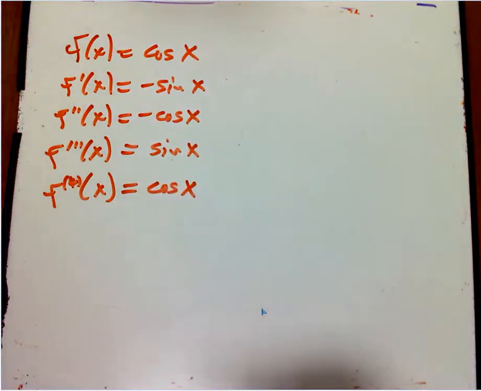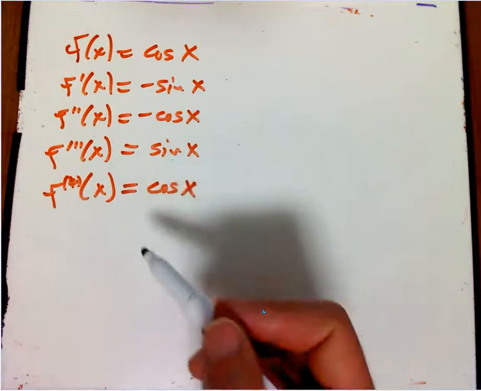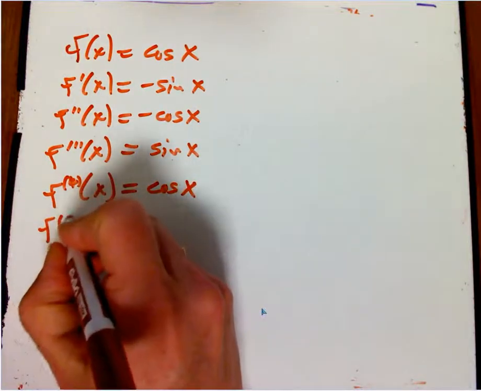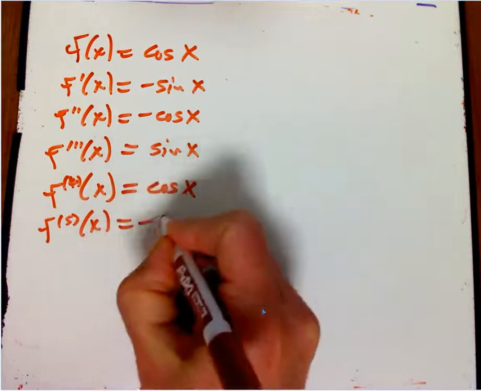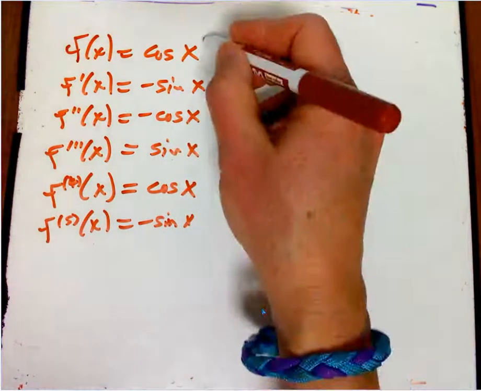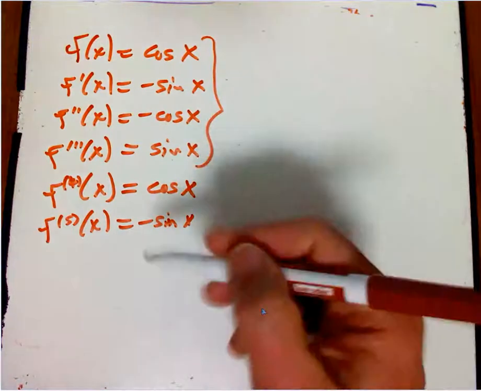Probably you have noticed that before, but you might not have actually had a reason to take 4 or more derivatives of cosine of x. Well, from here on, it's going to repeat. The 5th derivative is going to go back to minus sine x, and has no choice but just to repeat this pattern over and over again.